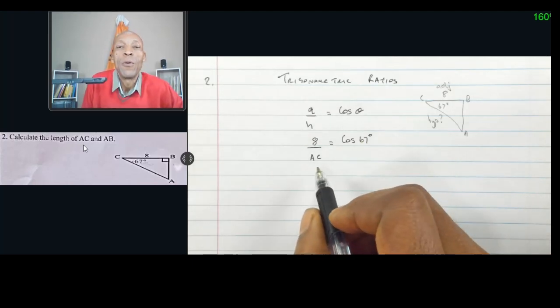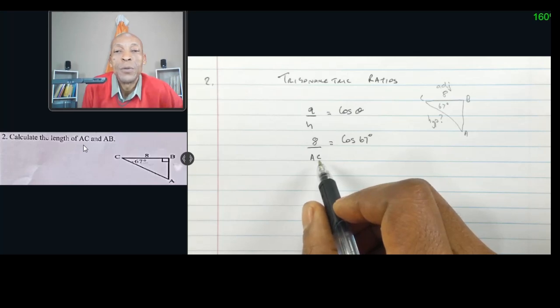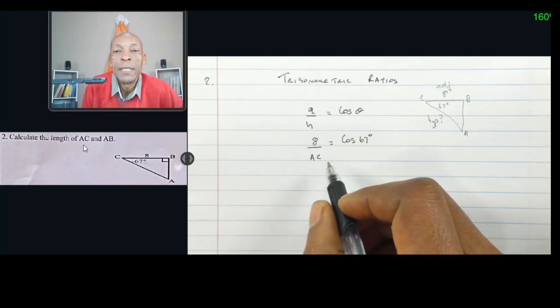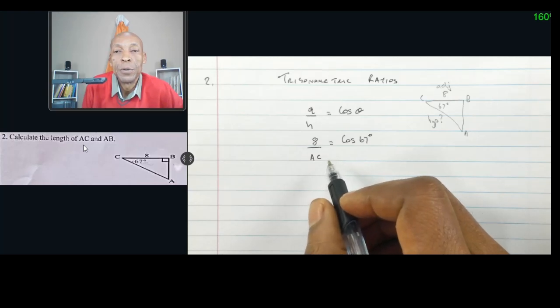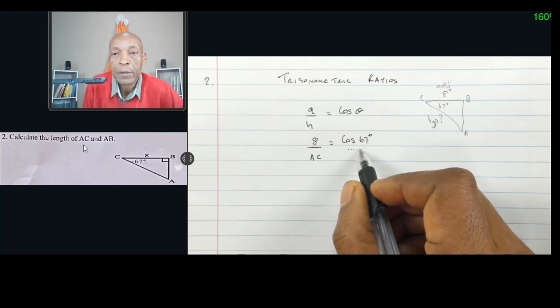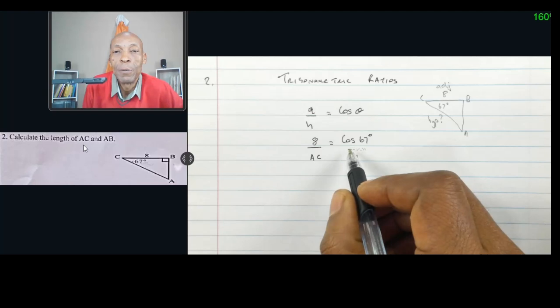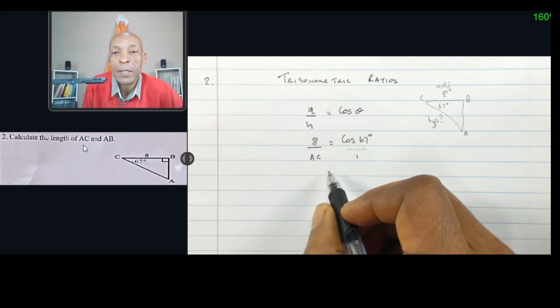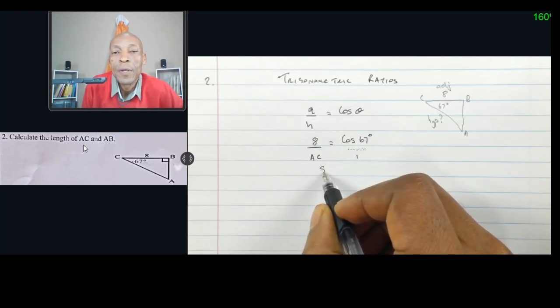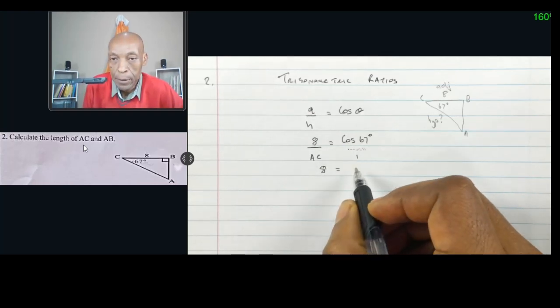Okay. Now, what do we have here? We have AC. AC is now our denominator. It means we need to make it the subject. We remember this is like a fraction. It is over 1. Then we cross multiply, isn't it? That 1 and that 8 will come and we get an 8. And then these two, they multiply. What will we get?